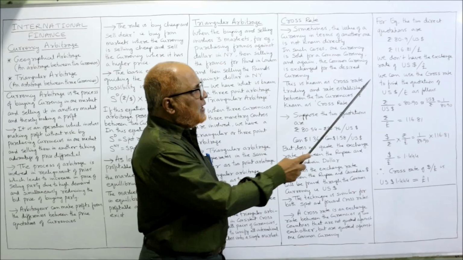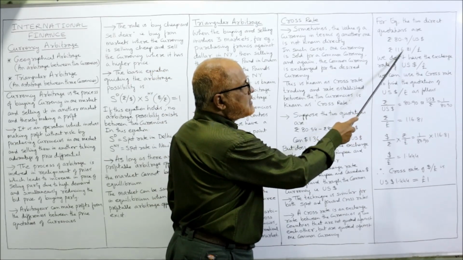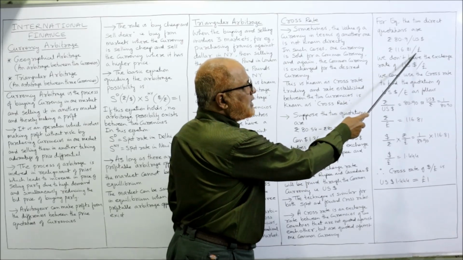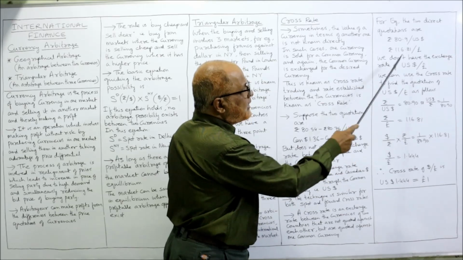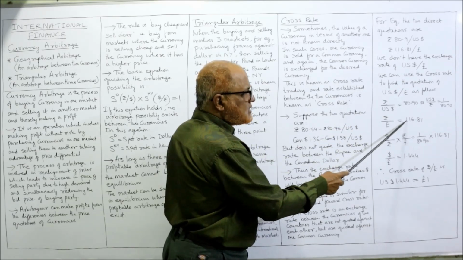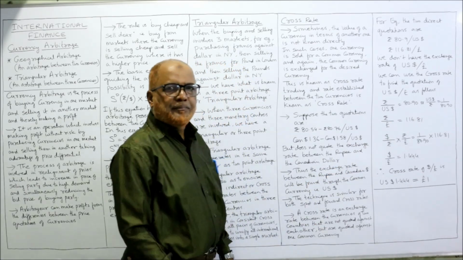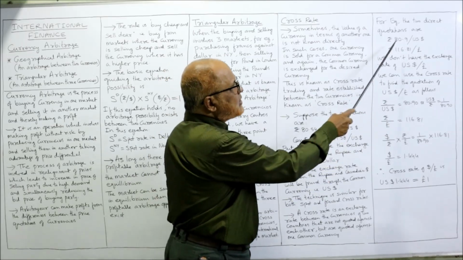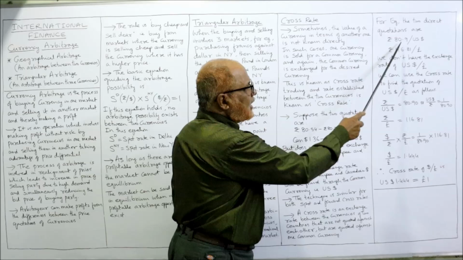How to calculate? Here the denominator is pound. So keep this as it is. Rupees 116.81 per pound. Rupees by pound is equal to 116.81. That means 116.81 rupees is equal to 1 pound. That is the quotation. The second quotation is rupees per dollar, so rupees by US dollar is 80.90.